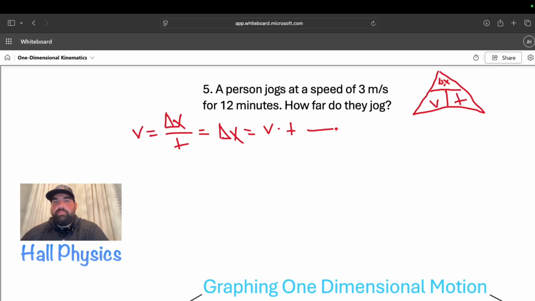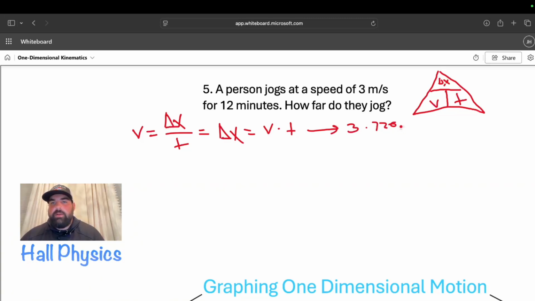All right, now if I plug the numbers in here, I would get 3 meters per second times, remember we have to convert this to seconds, so 12 minutes converted to seconds is going to be 720 seconds.